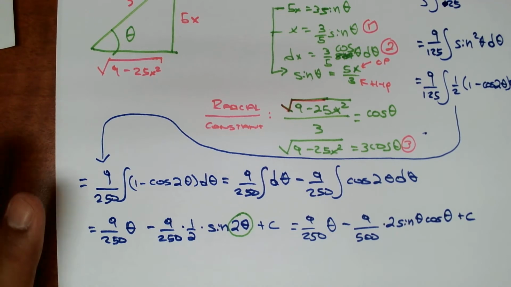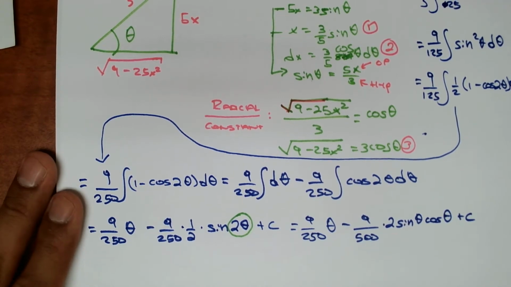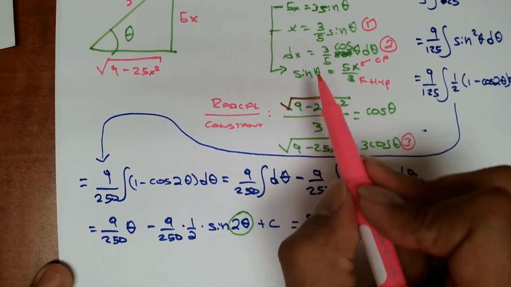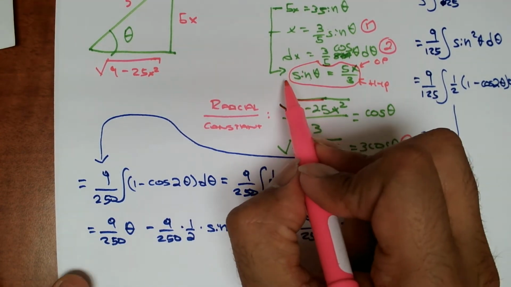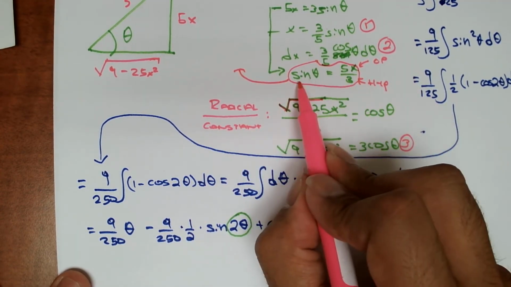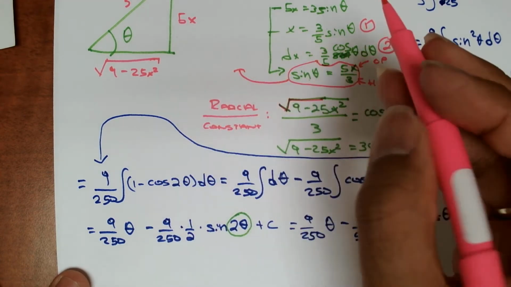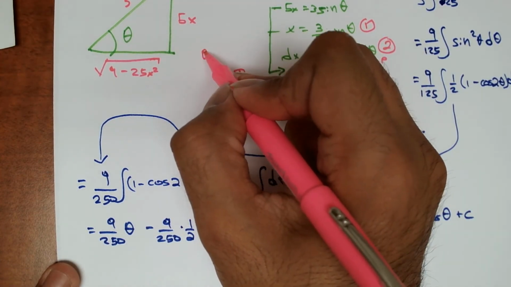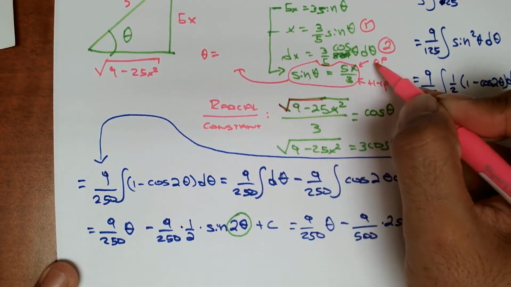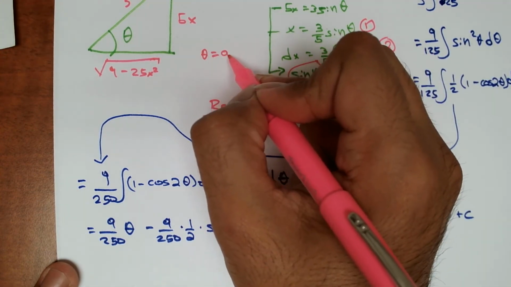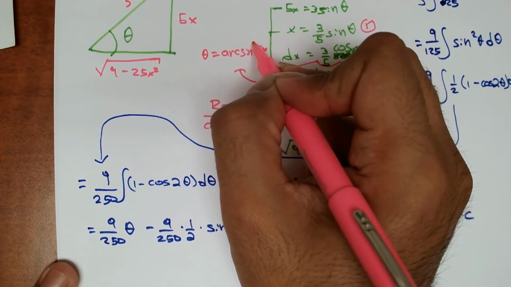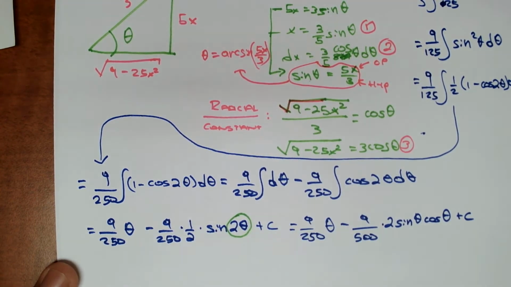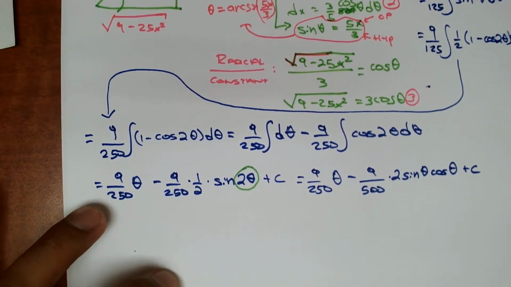So number one, from here, take it there, find inverse sine on both sides to get theta equals arc sine of 5x over 3. All right, so that's going to be our theta here.